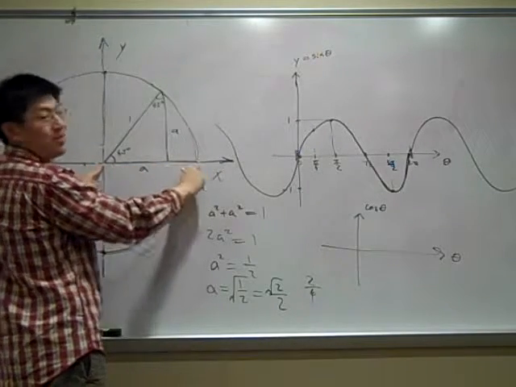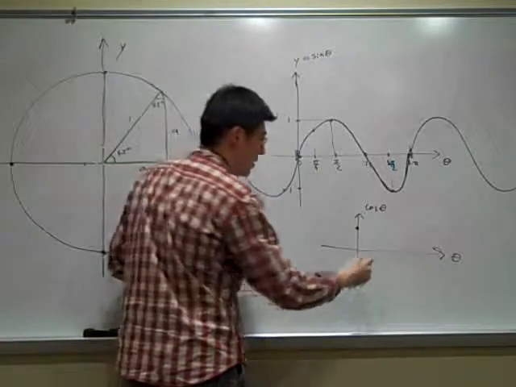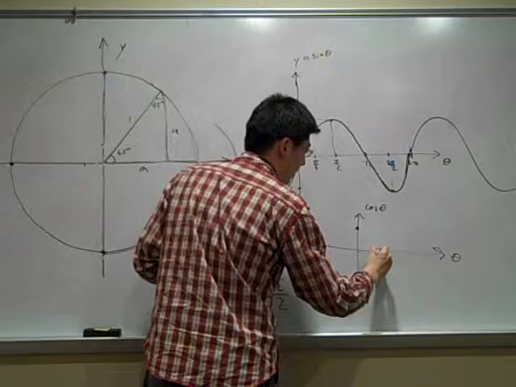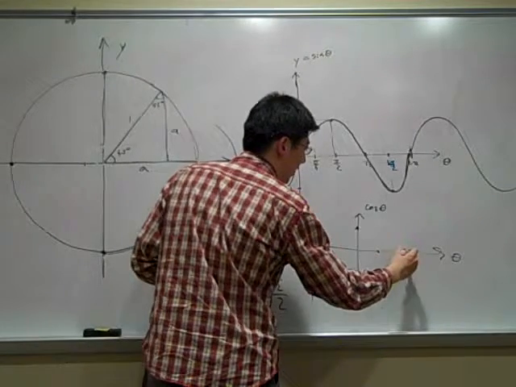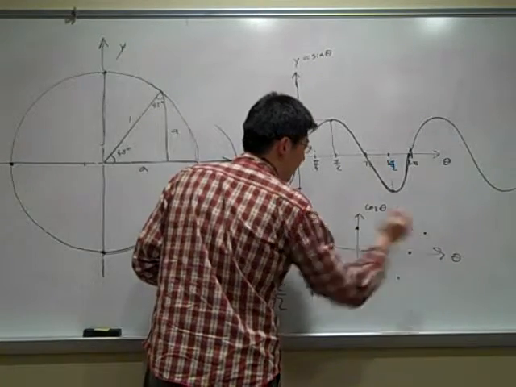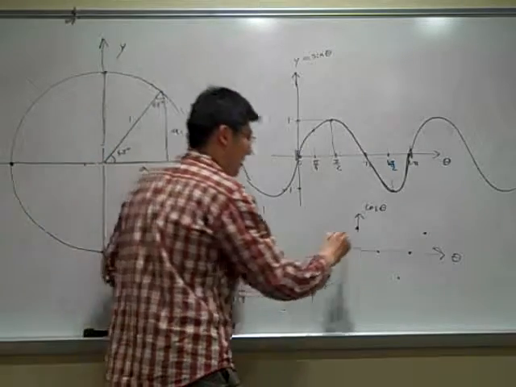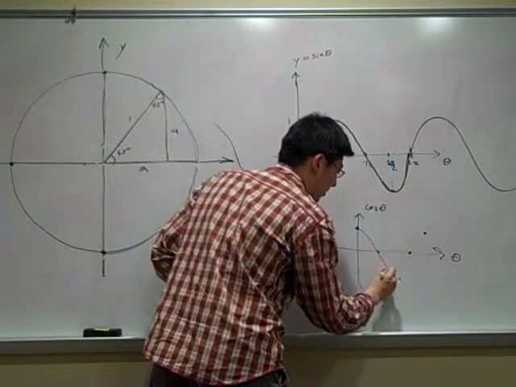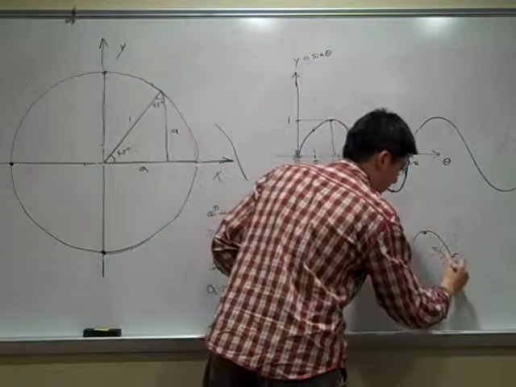It's like the maximum horizontal distance. At 90 degrees, it's 0. At 180 degrees, it's -1, and then at 270, it's 0 again, and then at 360, it's going to be 1 again, because it repeats. So you get a curve that looks like this, and then of course it repeats.